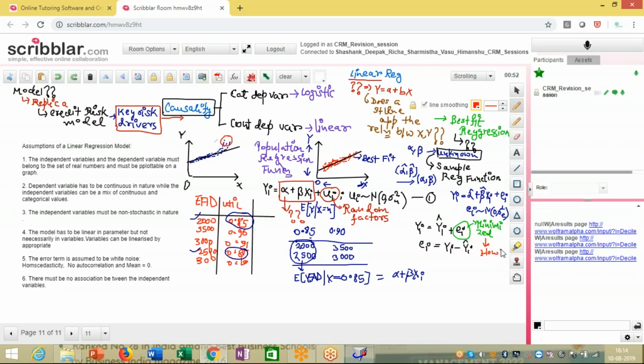So over here, and in most of the econometric algorithms, it is not the error which is minimized, but it is the sum square of the error which is minimized.